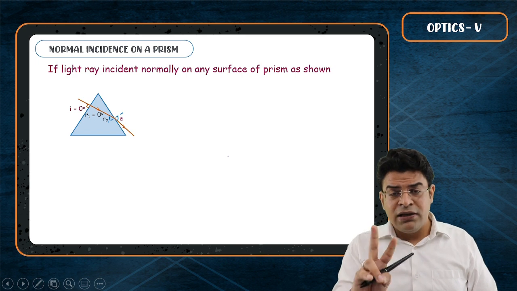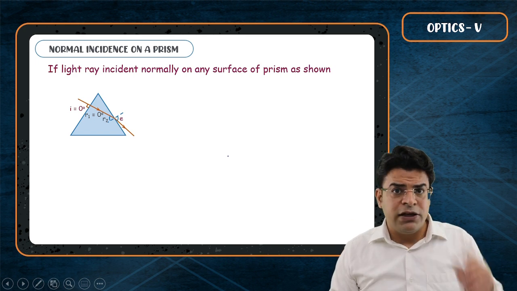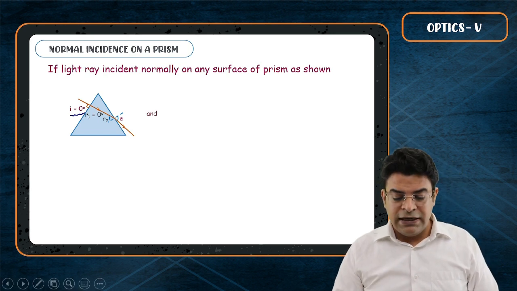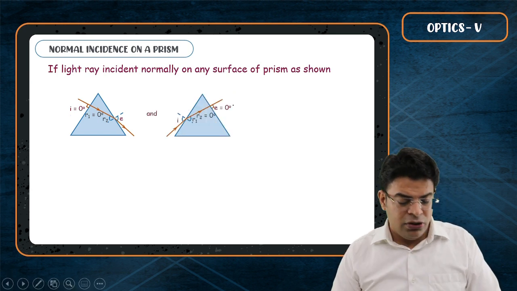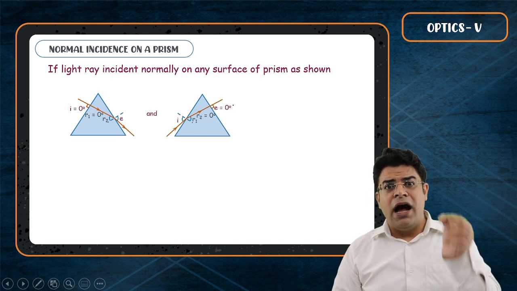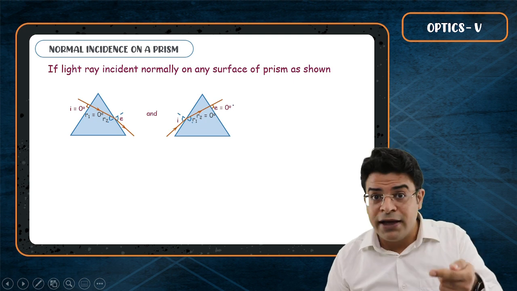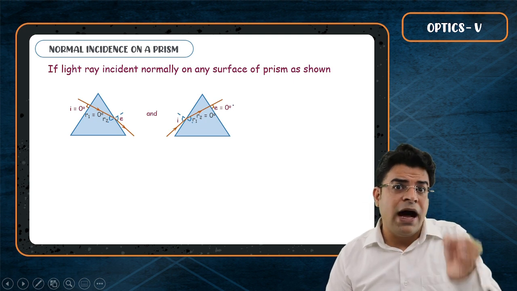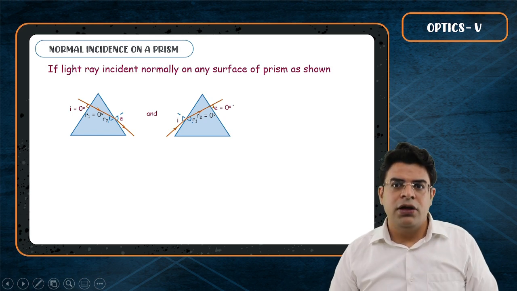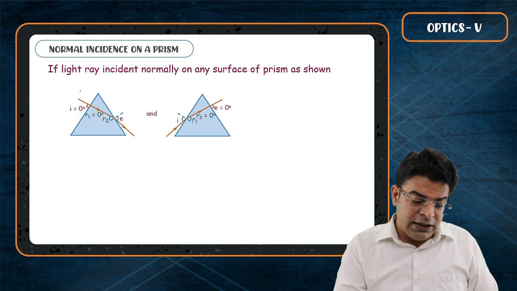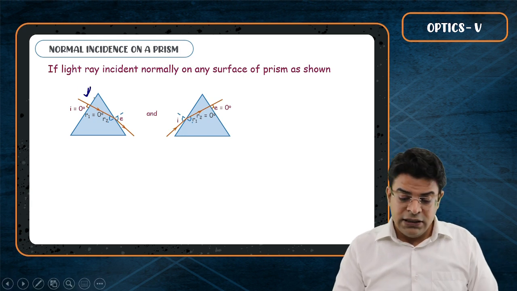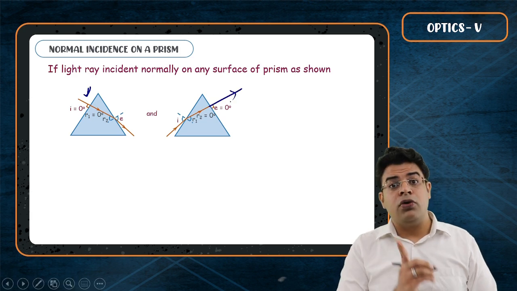Now, here there can be two cases. Case 1, that the incidence angle is 0, or case 2, that the emergent angle is 0. Because we have learned from the principle of reversibility of light that if I equals X and E equals Y, then if I is kept equal to Y, then E comes out to be equal to X. So either they give you the case that the incident ray hits normally, or they give you the case that the final emergent ray comes out normally.